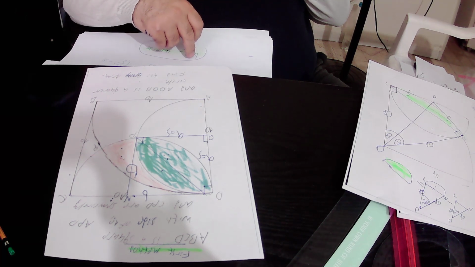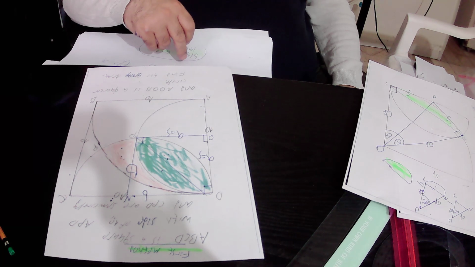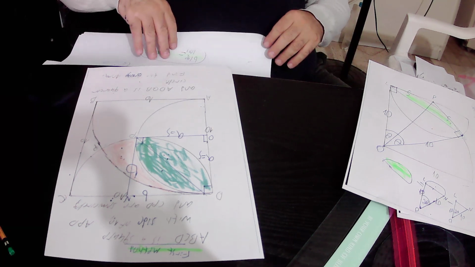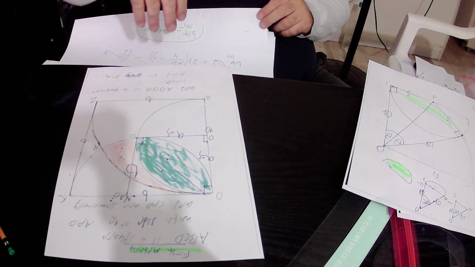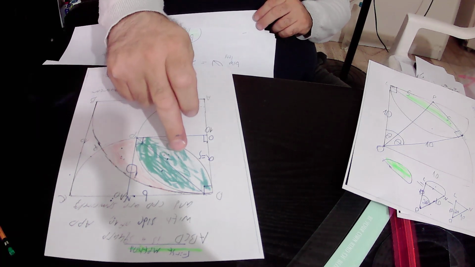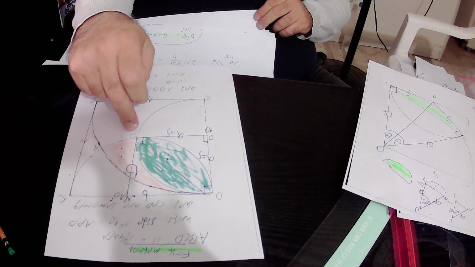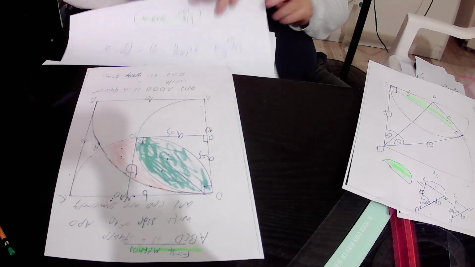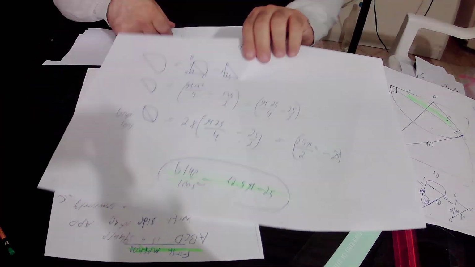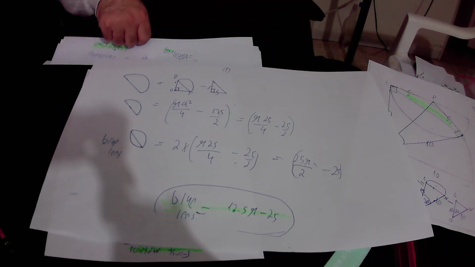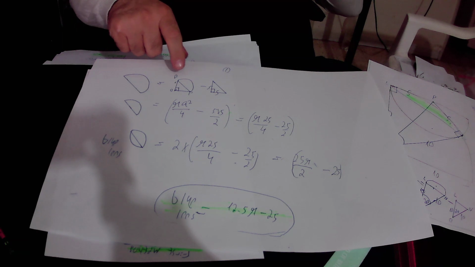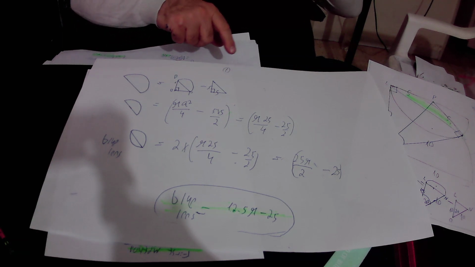The area of the blue shape equals, actually, the area of a circular segment. This circular segment equals the area of sector DOP minus the area of this triangle.